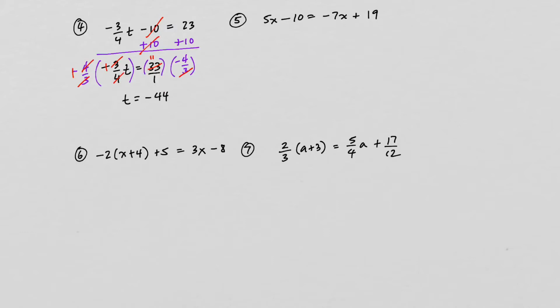And in the denominator, all we have left is a 1 and a 1, and 1 times 1 is 1. And so we don't need to write that. So our answer is just t equals negative 44.